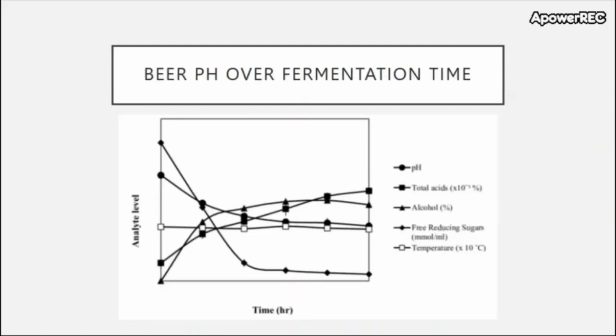So here's an example of that. This is beer pH over the fermentation time. So if you were to take wort, which is unfermented beer, basically the sugar juice from the barley that is produced, and you were to add yeast to that solution, or sometimes they even use different types of bacterium to supplement the yeast, you can see what occurs over time.